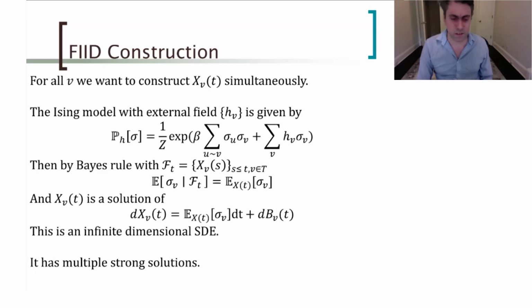And in fact, this particular SDE does not have unique solutions. There are multiple strong solutions, including ones that correspond to the plus measure and the minus measure when we're in the intermediate regime. So not only do we need a solution, we need one that we can check corresponds to the free measure.